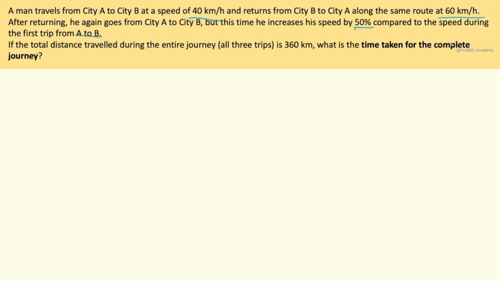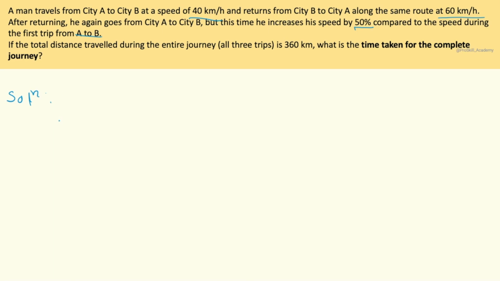Notice here, the man first traveled from city A to B, then B to A, and then again he returned to B. So let us put it into a pictorial representation so it is easy for you to understand. Okay.